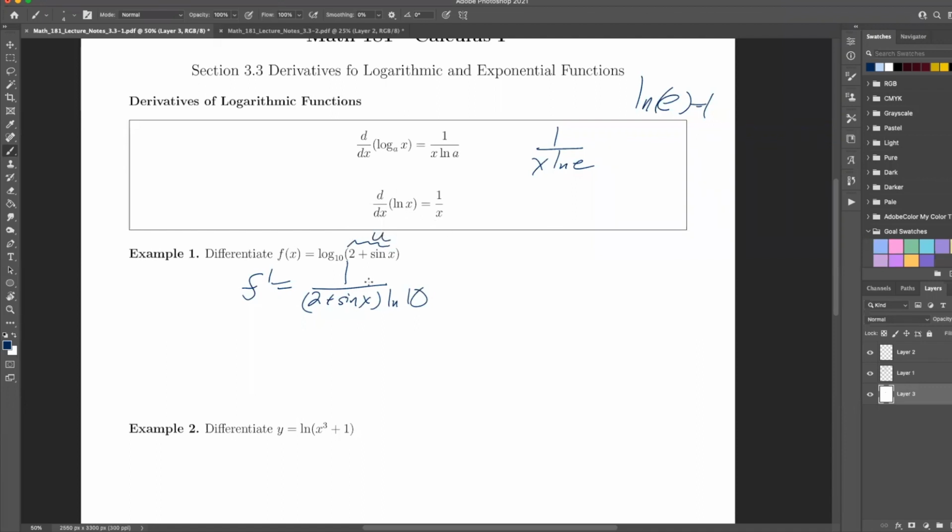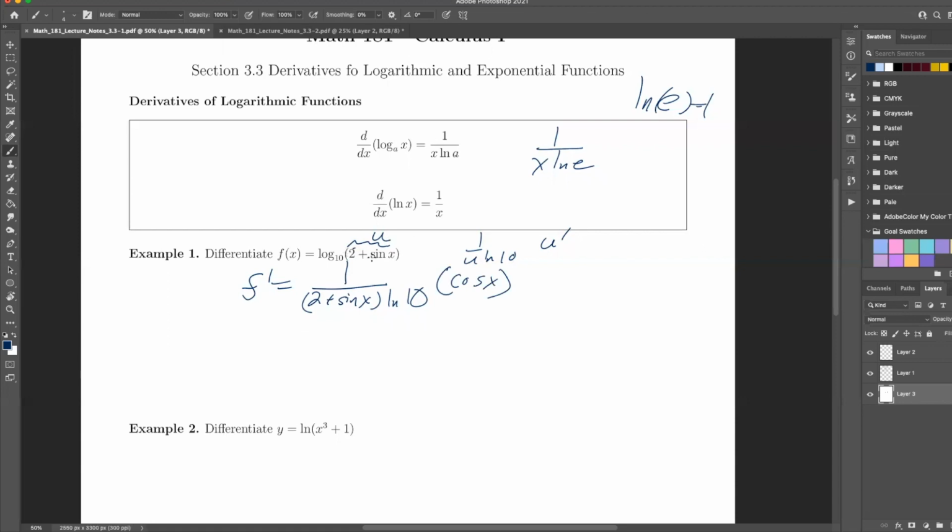We're going to let this be u, so this is 1 over u ln of 10 times u prime. Now I need to take the derivative of the inside. The derivative of the inside here is 0 plus cosine, so it's just cosine of x.